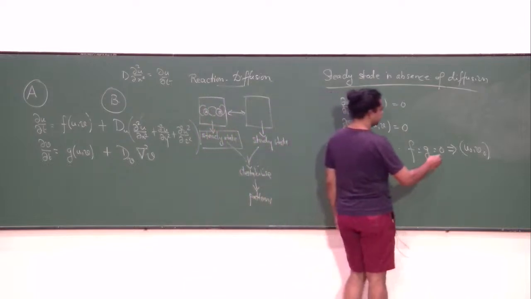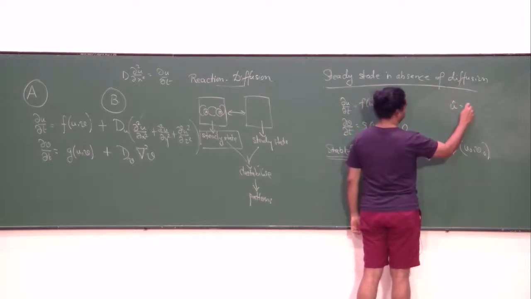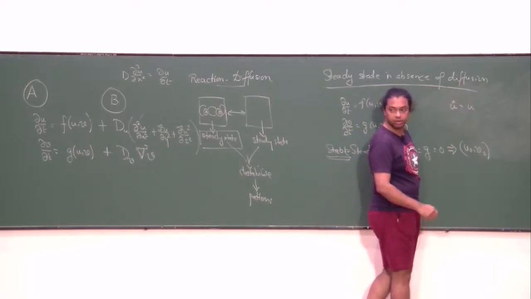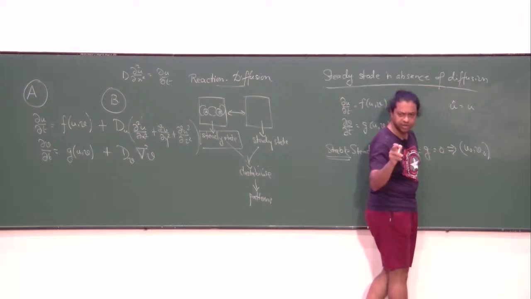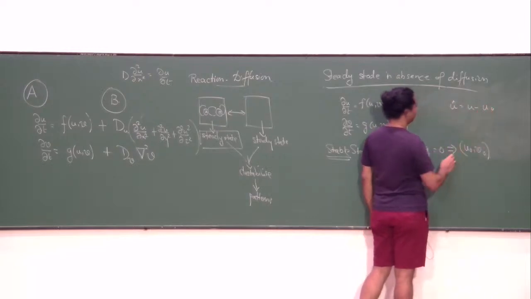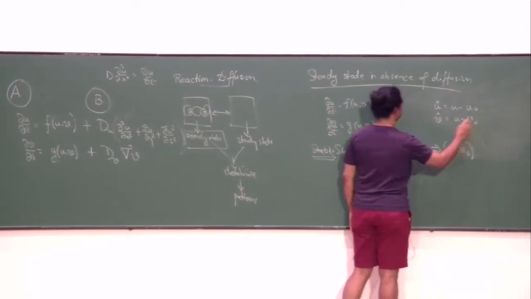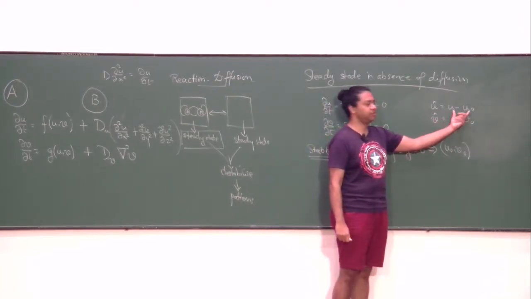So we'll consider perturbations, so let me call it U hat. Did anybody ask a question? No, right. Please feel free to ask. So U hat equal to U minus U naught, and V hat equal to V minus V naught. So I'm considering perturbations away from this.